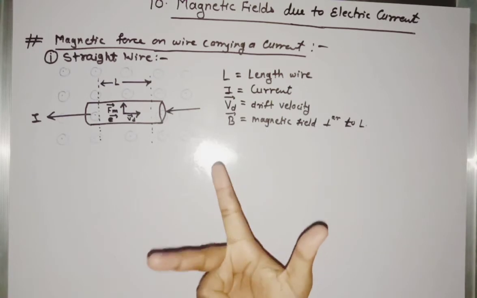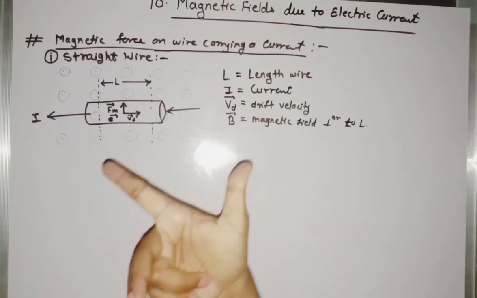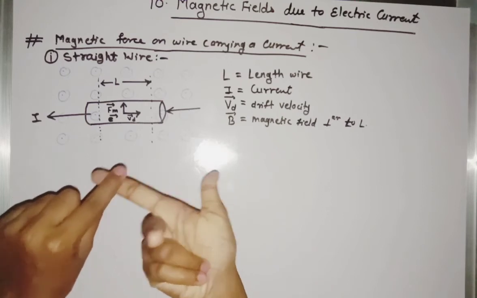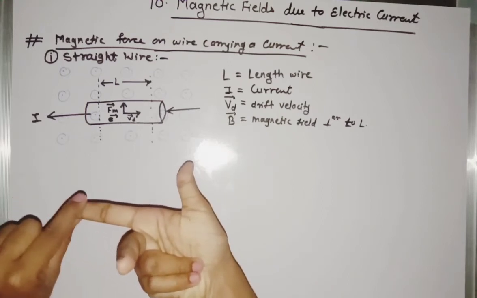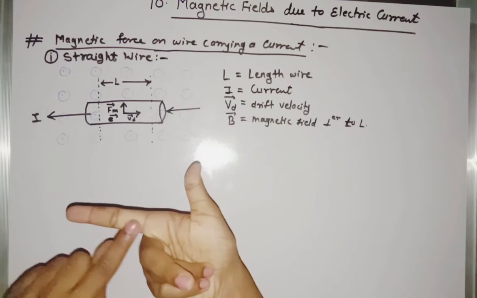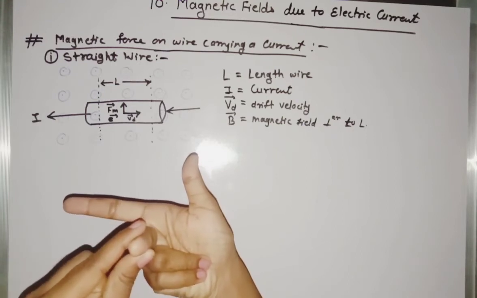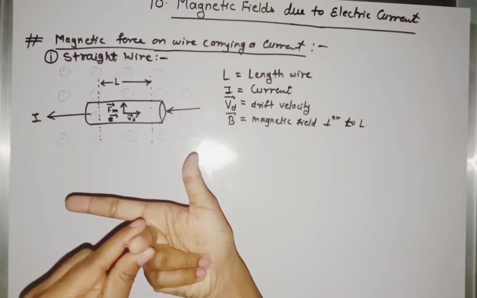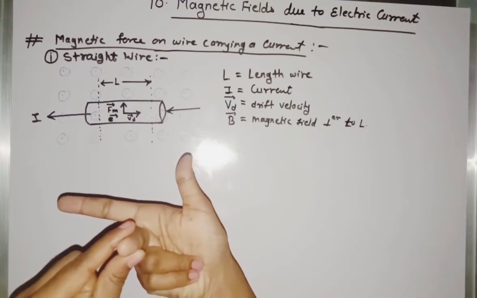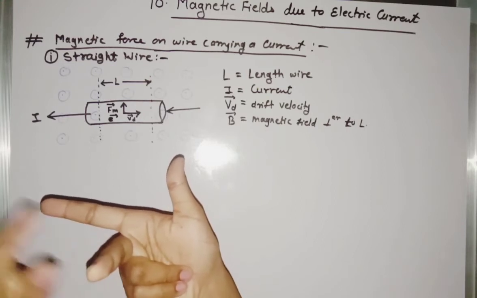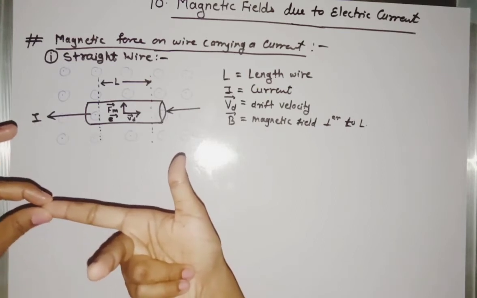Now suppose this first finger is indicating the direction of current, I. This middle finger is indicating the magnetic field. As in our consideration, the magnetic field B is perpendicular to the current.